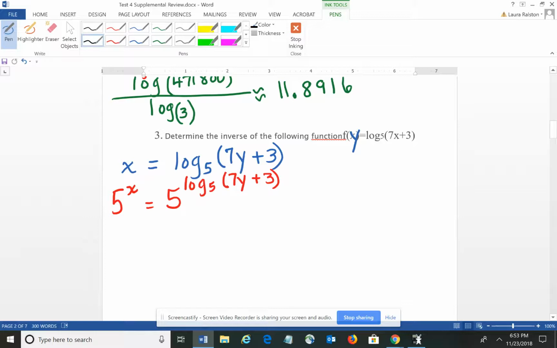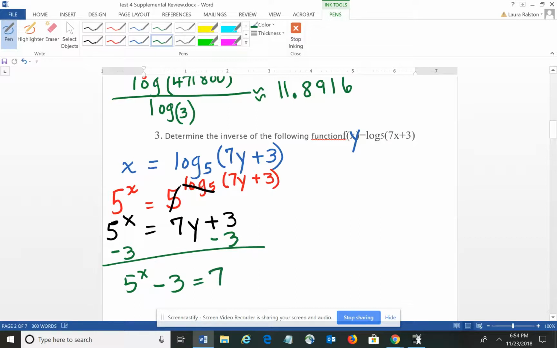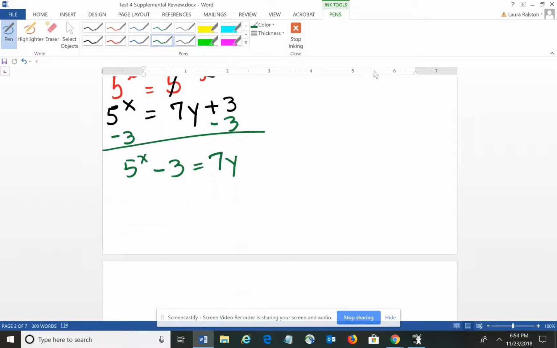So that gives me 5 to the x equals, exponential base 5 and log base 5 cancel each other off, and I have 7y plus 3. Again, keeping in mind I'm trying to solve for y, I'm then going to subtract 3 from either side. So I have 5 to the x minus 3 equals 7y. And then I need to divide by 7 for the entire problem.